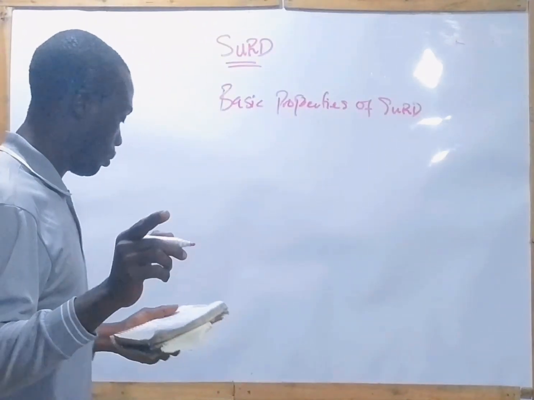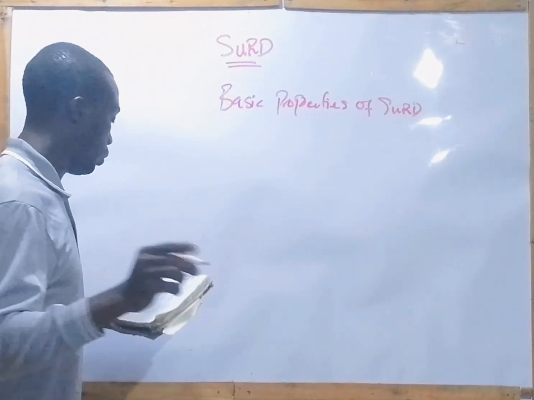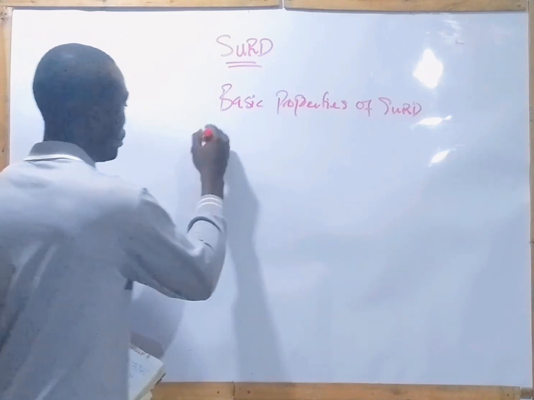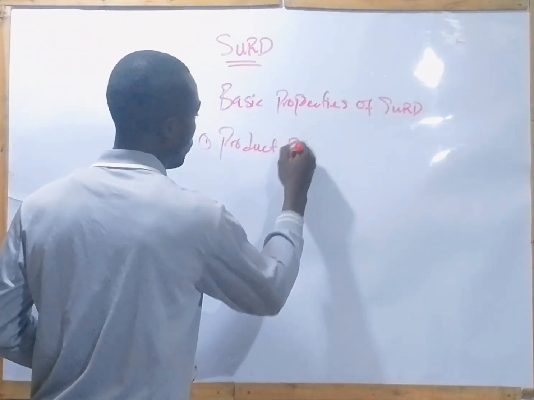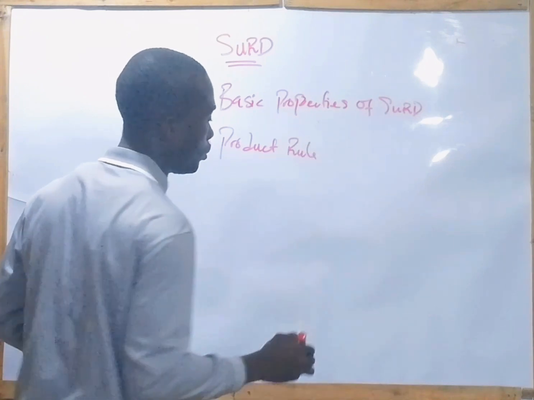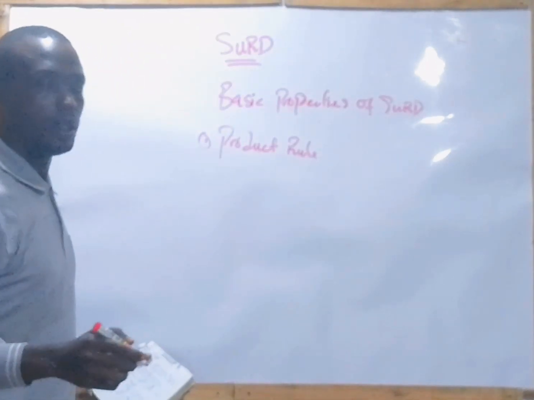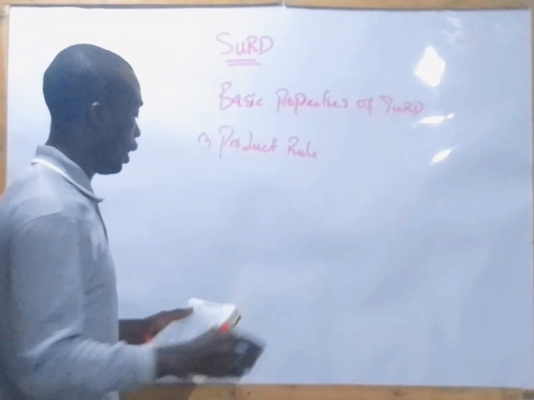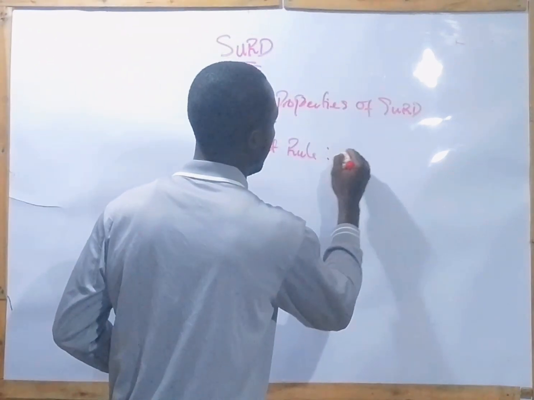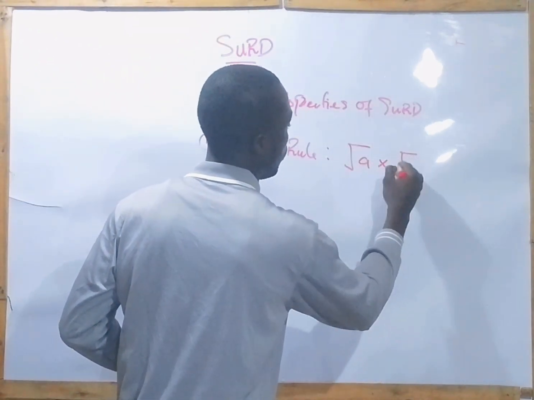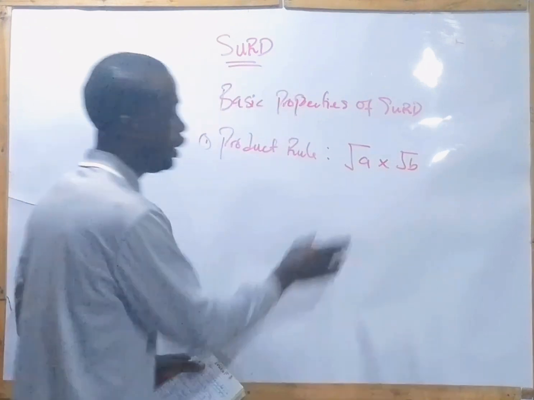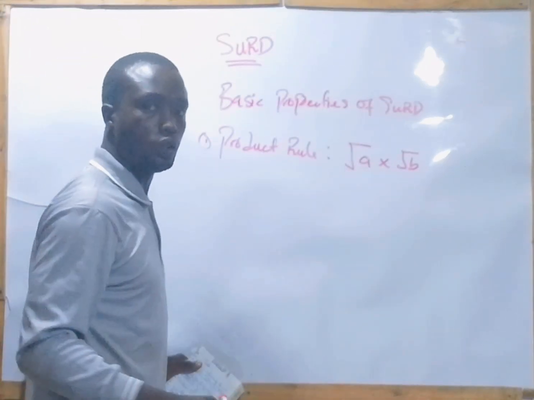The first property of surds is the product rule. For instance, you have a surd that says root A times root B. In this kind of situation, what do you need to do?